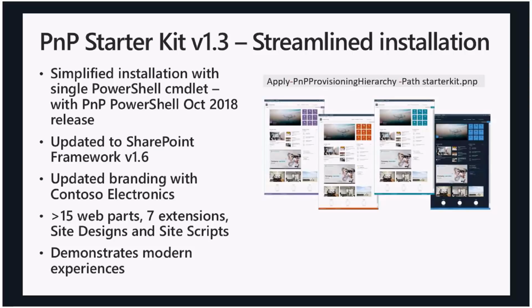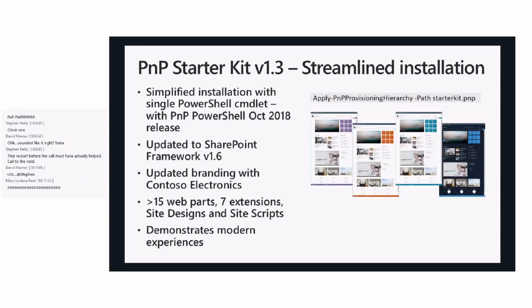In general, it has already been updated to the 1.6 version of SharePoint Framework. It is also now using Contoso Electronics branding. So my favorite color, orange, has been removed based on a request from our designers, which is fair. Maybe the orange wasn't that fancy looking. But now it's also using the imagery and graphics which we used in Ignite 2018 related to Contoso Electronics.